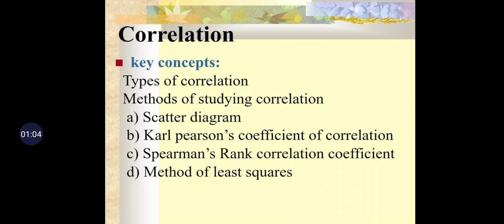Some key concepts of correlation: types of correlation, methods of studying correlation, scatter diagram, Karl Pearson coefficient of correlation, Spearman rank correlation coefficient, method of least squares. These are some of the methods of studying correlation.